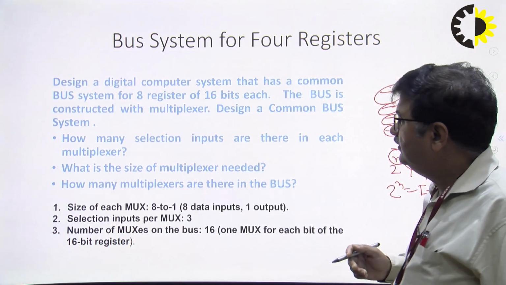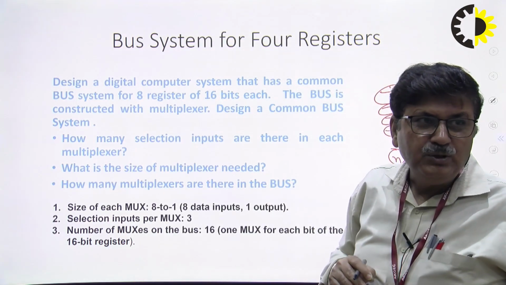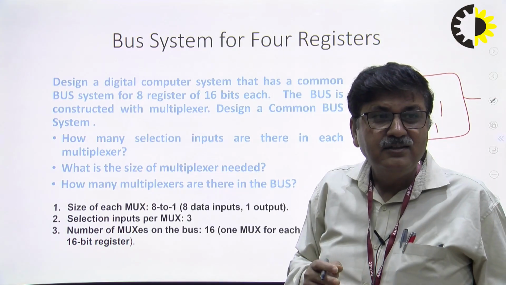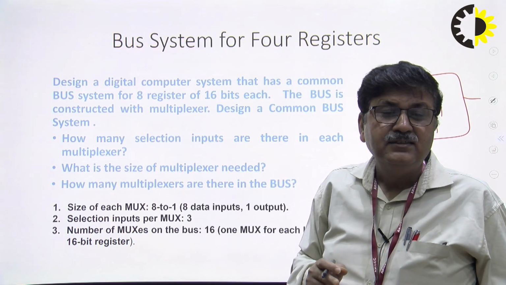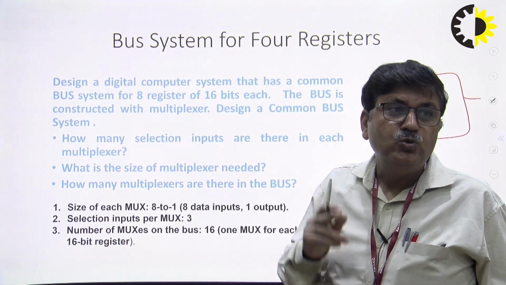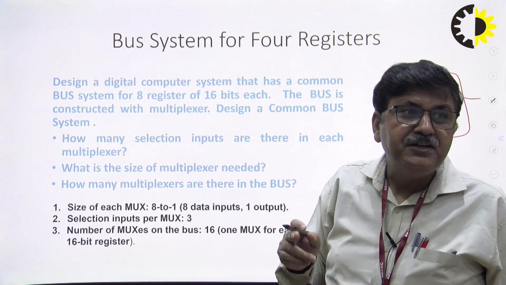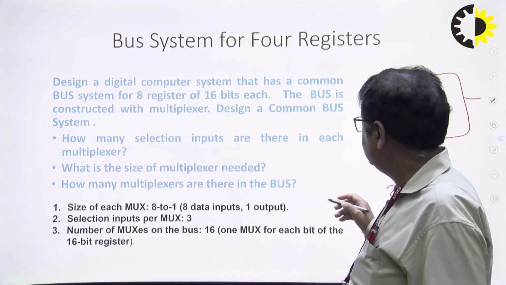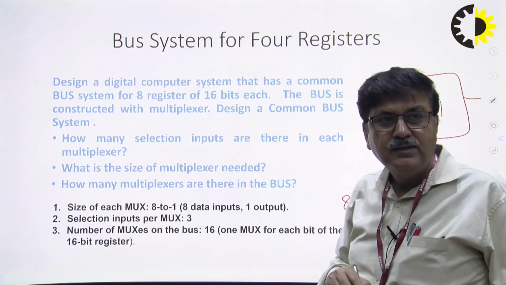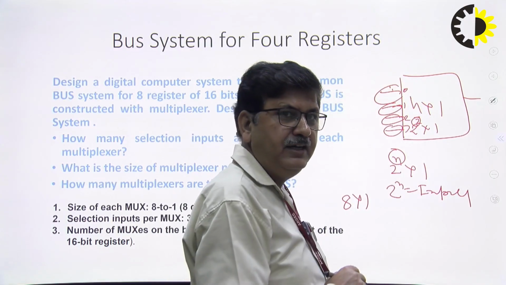Now we can see the numerical again. There are 8 registers. It means each register's data is going to the multiplexer, so the size of the multiplexer required is 8 into 1. How do we write 8 into 1?